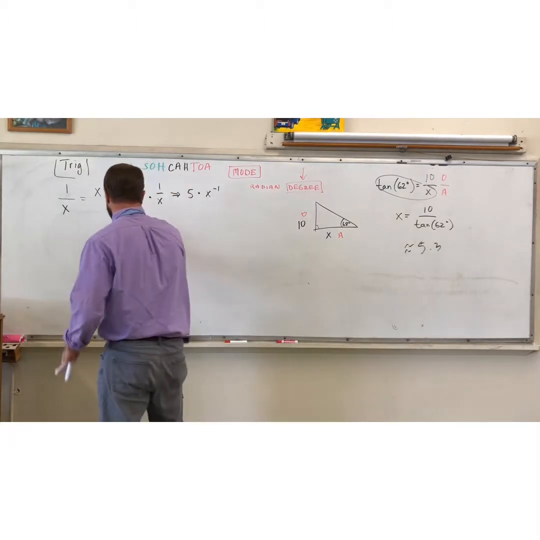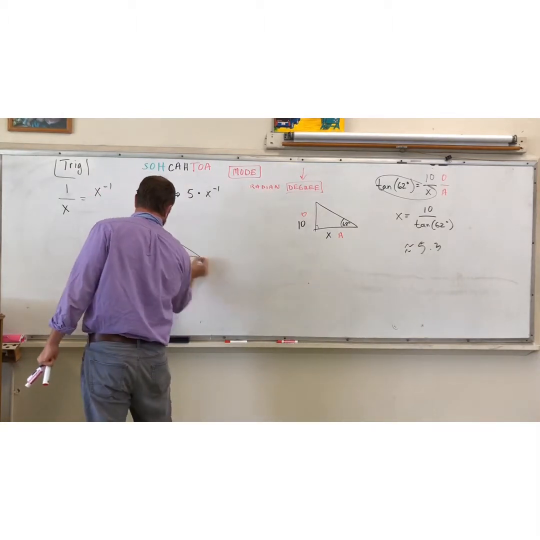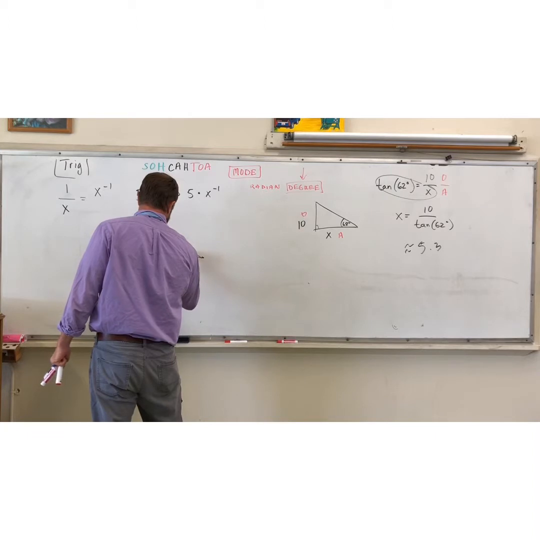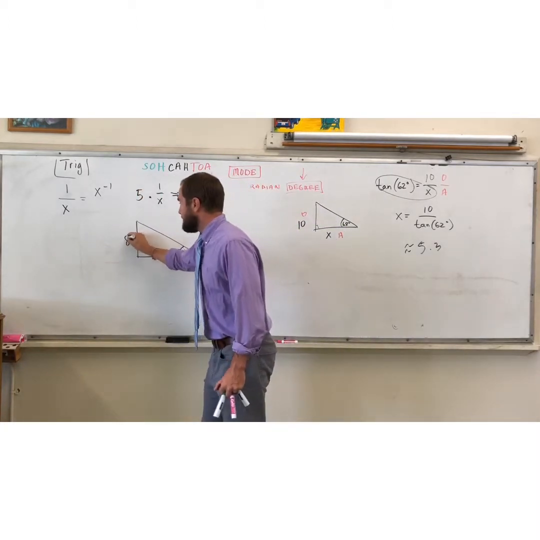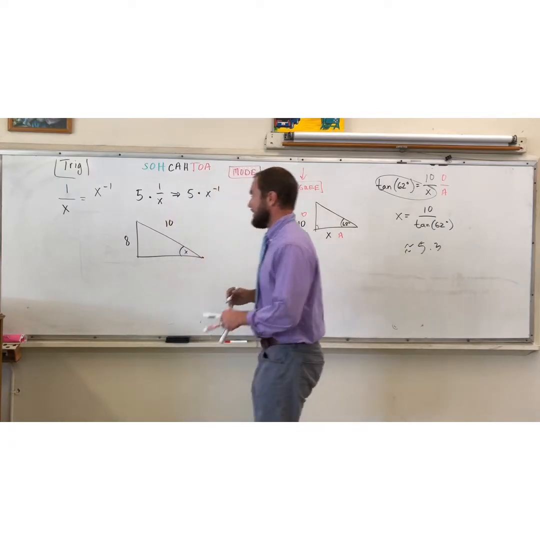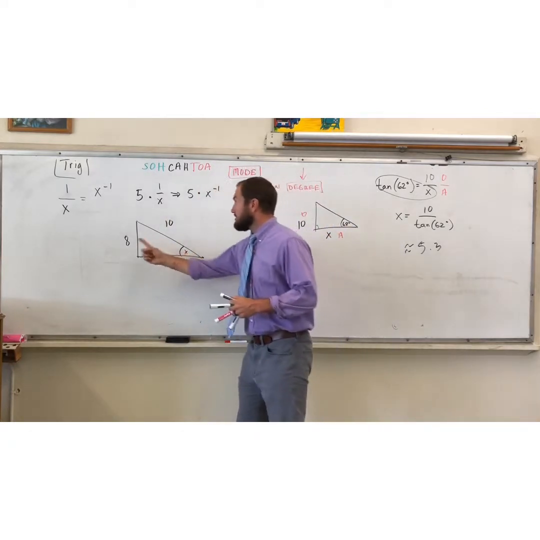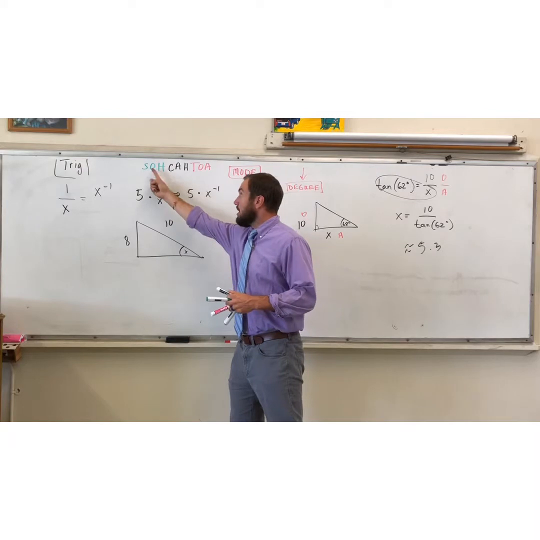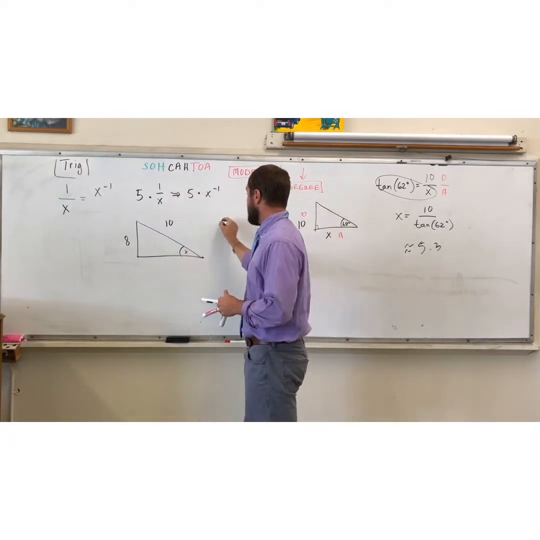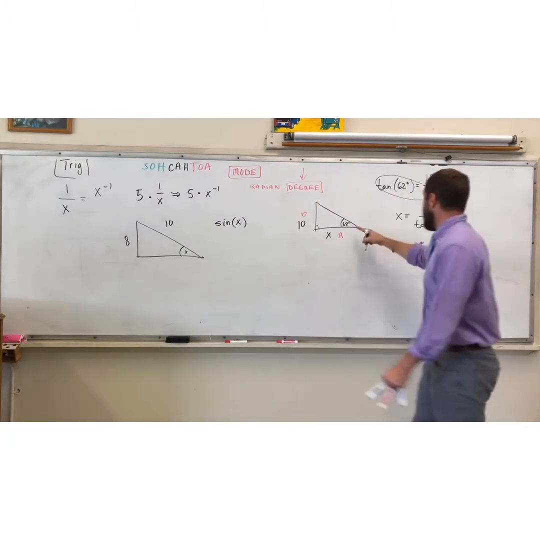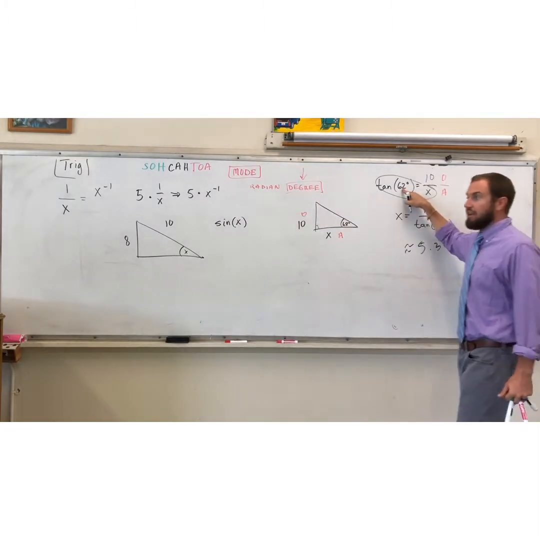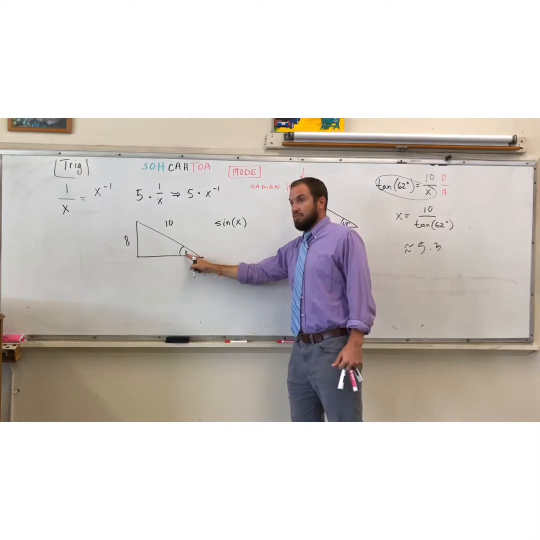So let's look at one example of where we're solving for an angle, and they're giving us an opposite side and a hypotenuse. Since they're giving us opposite and hypotenuse, OH, I know it's sine, so I know sine of x. In all the other ones, we have the angle.